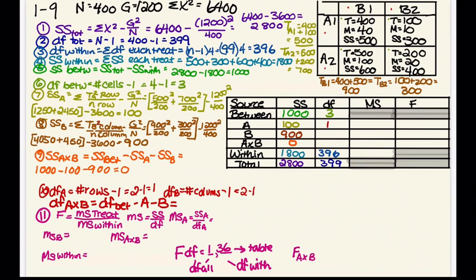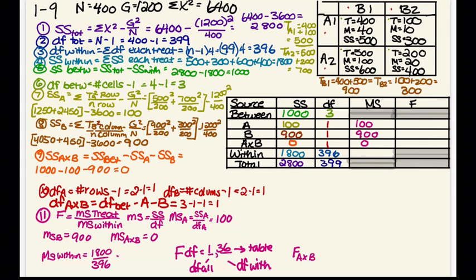The degrees of freedom for A is the number of rows minus 1. The degrees of freedom for B is the number of columns minus 1. And the degrees of freedom for the A by B interaction is the degrees of freedom for between treatments minus A minus B.